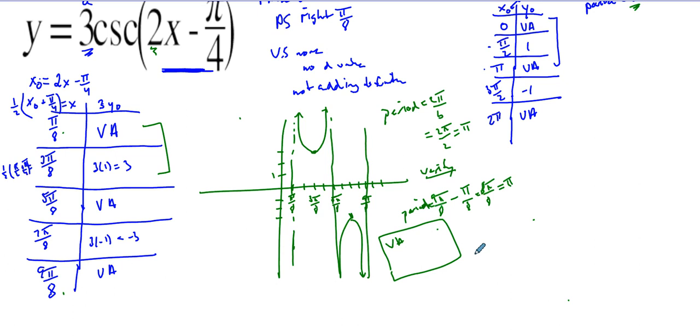Is that correct? So if we have pi over 8, and we're adding pi over 2, what would that be? Adding pi over 2 to that, and that's where we go. I apologize, that's horrible.